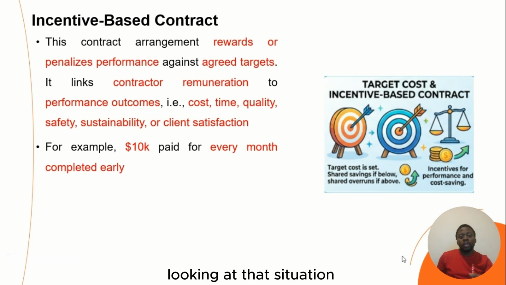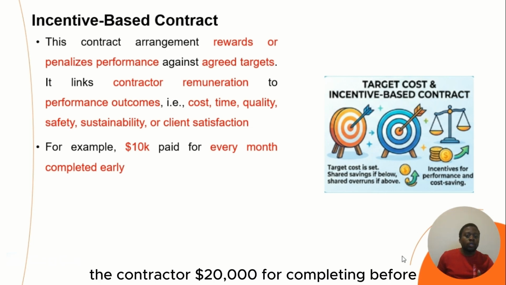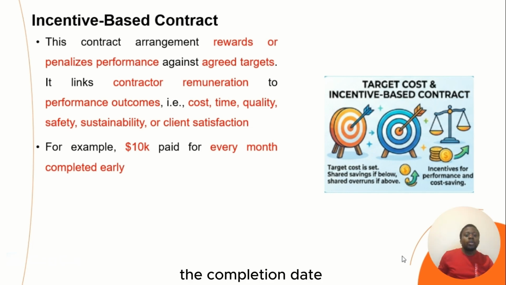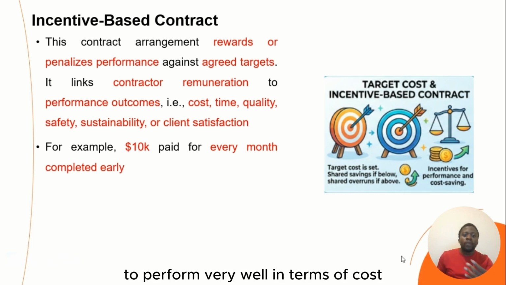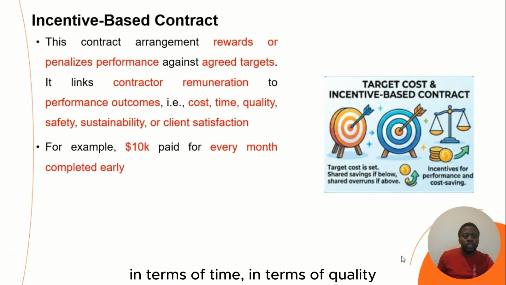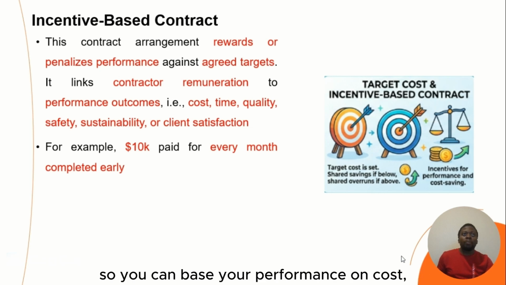Looking at that situation, that means the client needs to pay the contractor 20,000 for completing before the completion date. So it's a form of contract that motivates the contractor to perform very well in terms of cost, in terms of time, in terms of quality. You can base your performance on cost, time, quality.